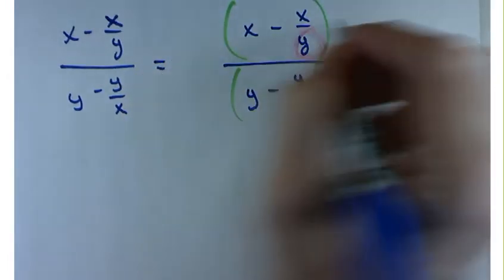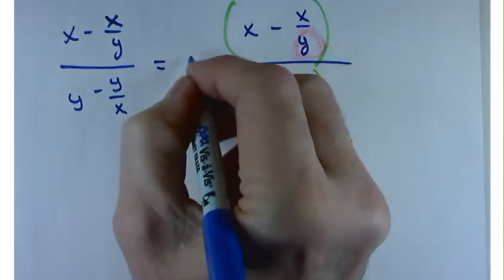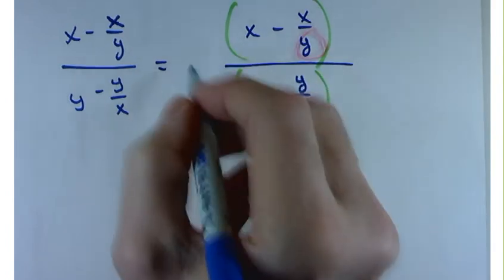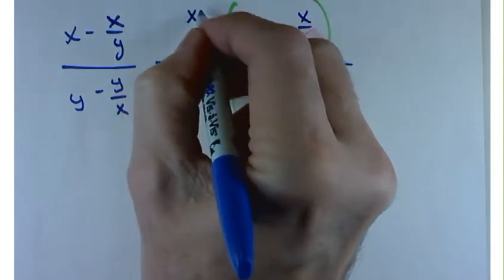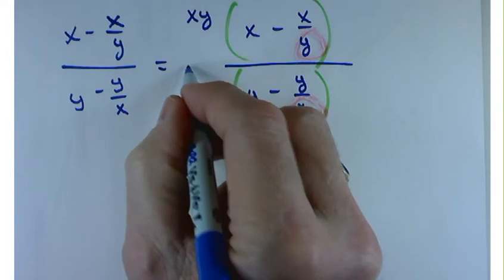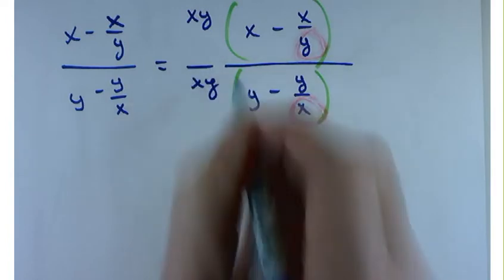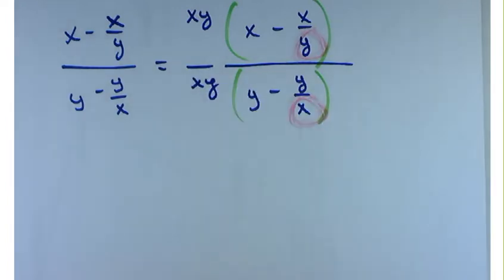So what I'm going to do is multiply by 1 in the following form. I'm going to multiply the numerator by xy, and I'm going to multiply the denominator by xy. xy over xy is 1. Something over itself is 1. But instead of canceling here, I'm going to distribute.